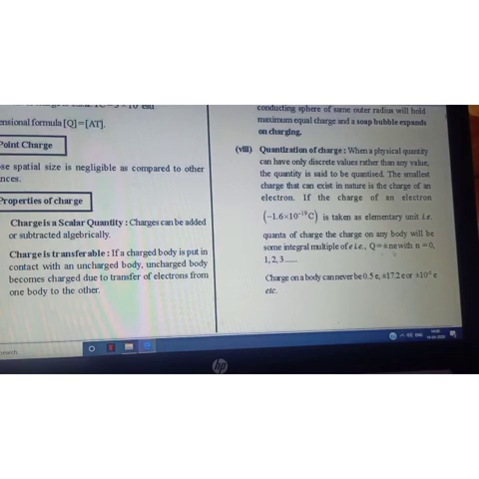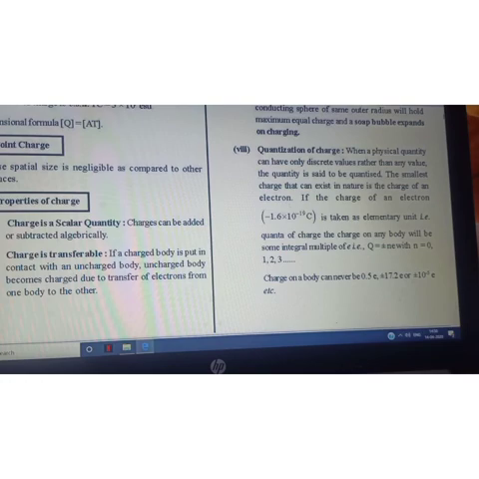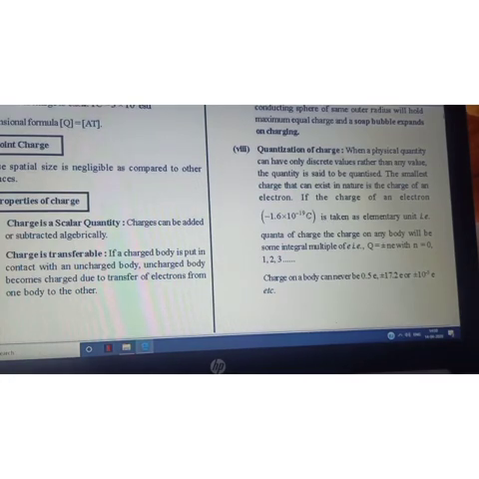Charge is always an integral multiple of the least value of electronic charge. It means that if we gather 2 coulomb of charge, the number of electrons is N equals Q by e, that is 2 coulomb divided by 1.6 into 10 to the power minus 19. After dividing you get a particular value, which is the number of electrons.